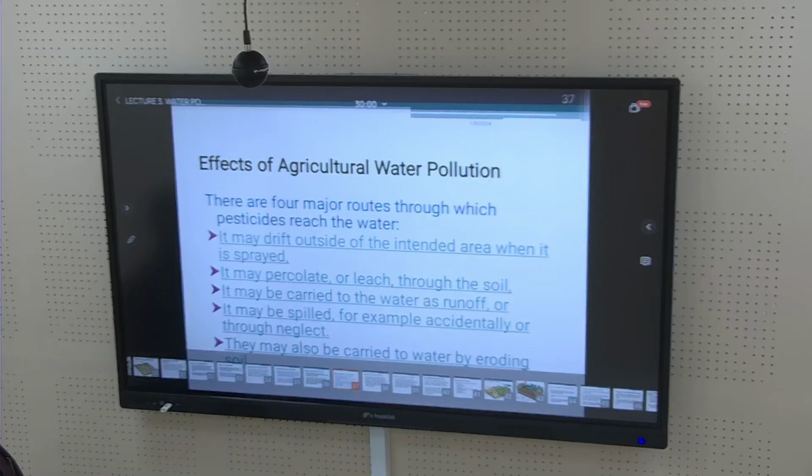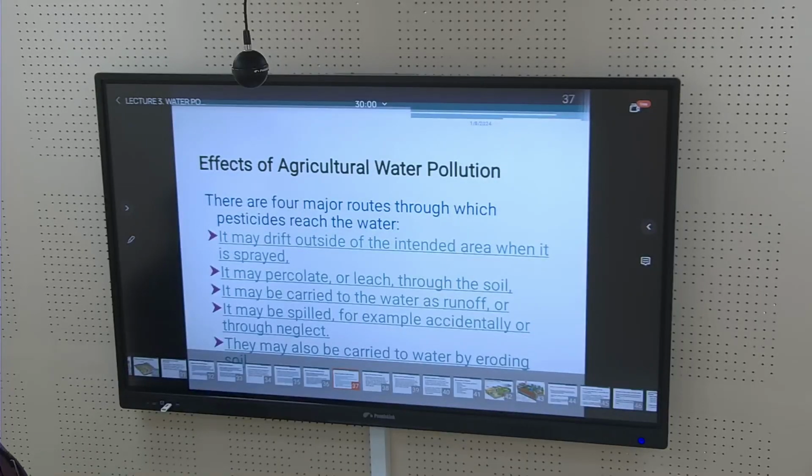So effect of agricultural water pollution. There are 4 major routes through which pesticides reach the water. It may drift outside of the intended area when it is sprayed. It may percolate or leach through the soil.